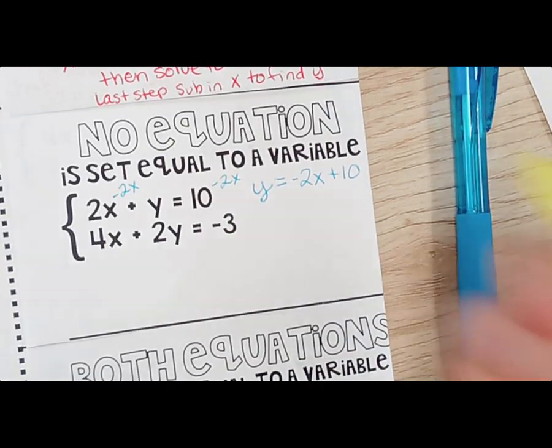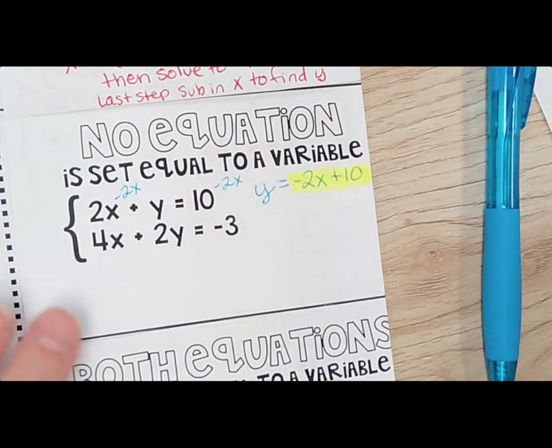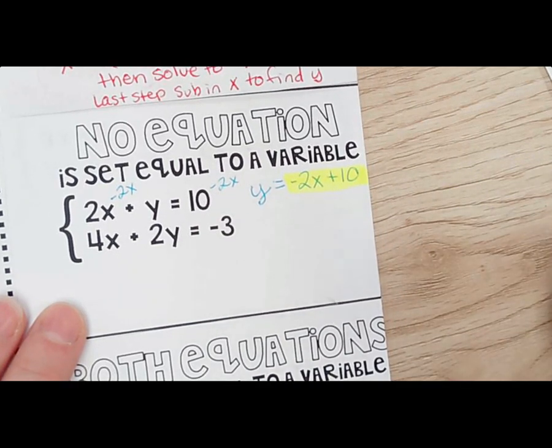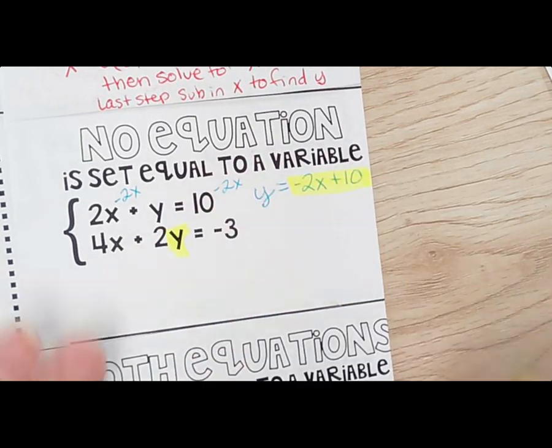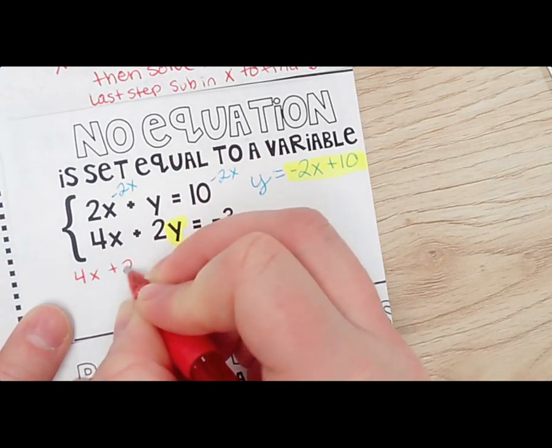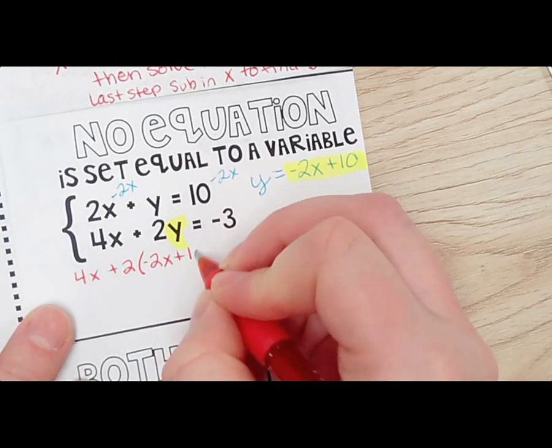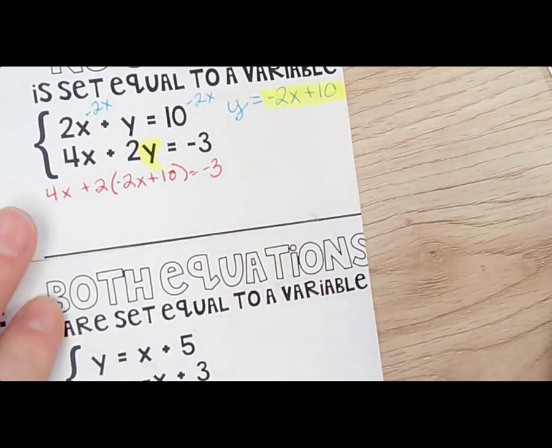You just want to look for the easiest way to get one of the variables by itself. So that means we have the y is this negative 2x plus 10. So this is going to go in for what variable? For y, because it's y equals. So it's got to go here. We're not solving this one on the top. We're just writing how we do it. So 4x plus 2 times negative 2x plus 10 equals negative 3.